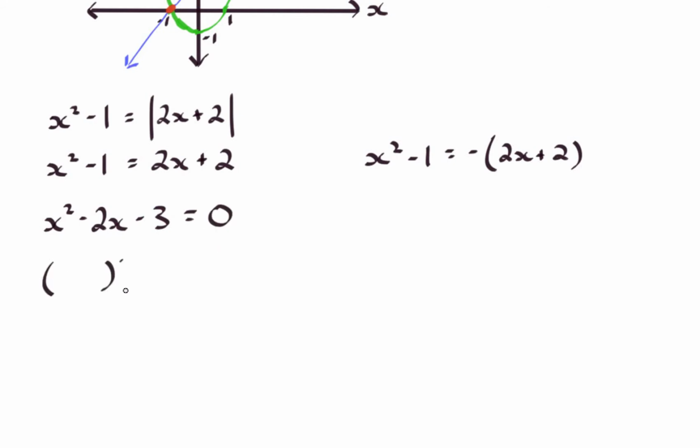Factorising, we can see that we have x minus 3 and x plus 1. So that gives us x values of negative 1 when we set this equal to 0 and 3 when we set this equal to 0.